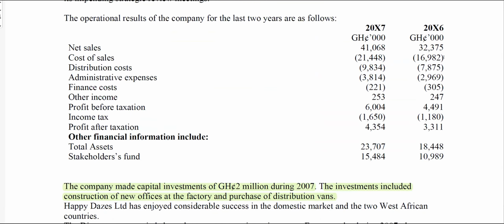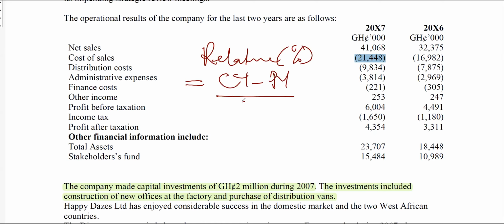Yes. Cost of sales increased from 16,982 to 21,448 in absolute terms. And absolute terms means in Ghana cedi. Relative terms means in percentage terms, and relative terms is percentage change. We know that you have to take the current year minus the previous year, all over the previous year, times 100, right? So in that case, what's the change in the operating expenses? I can just take 1 and use that to explain.